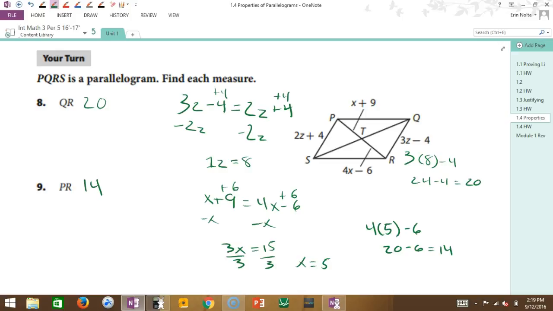Okay, so Logan took the 5 and put it into 4x minus 6 and found that... What did you find, Logan? Okay, so Logan found that the length from T to R is 14. So that means the length from P to R is not 14, but rather twice that.